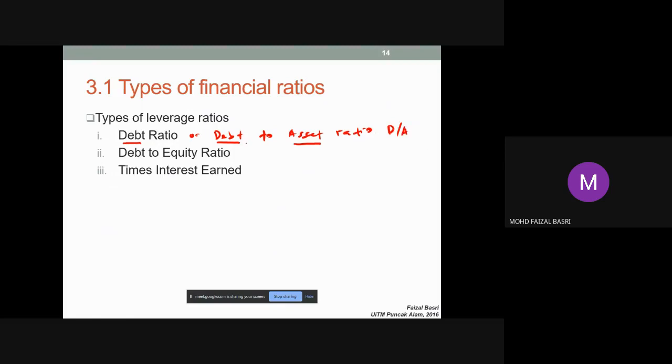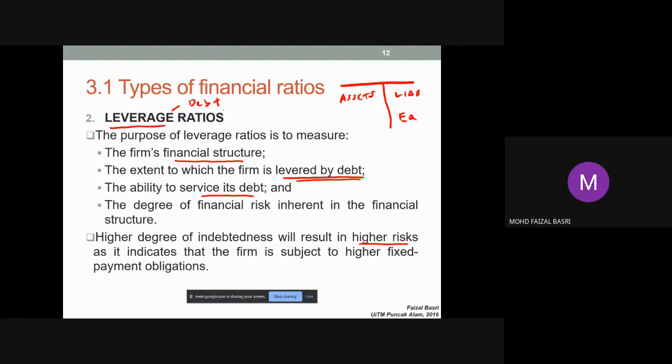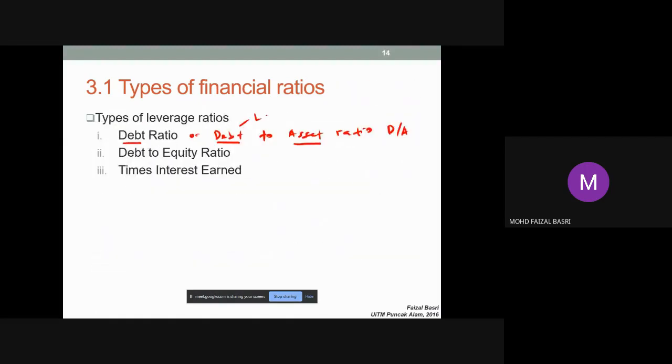Again, if you recall, when I said debt earlier, this is liabilities, in fact the total liabilities. So to measure the debt, we're going to take the total liabilities, and for assets, obviously, the total assets as well. Then we have debt to equity, the second ratio.